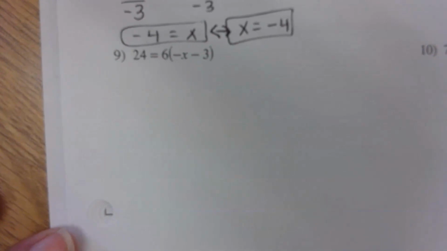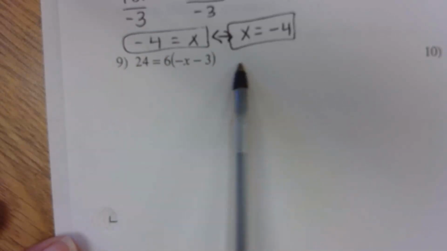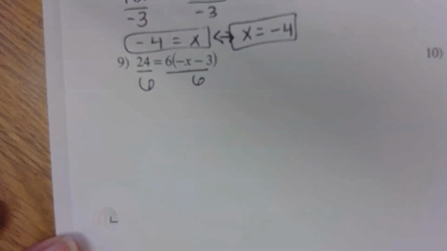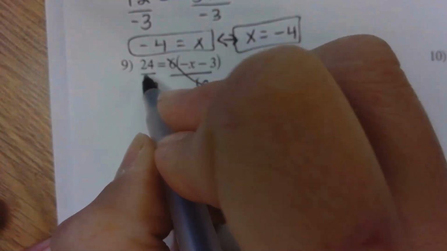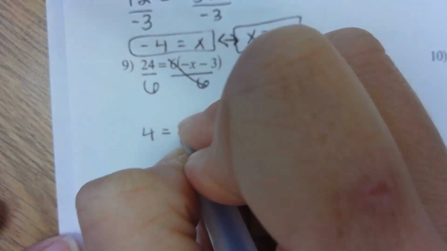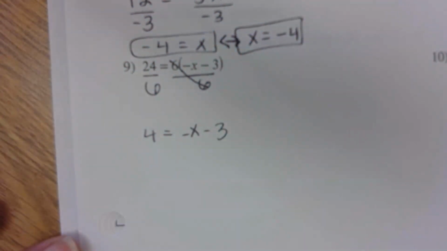Alternatively to distributing, if the number on the left and the number on the right are divisible by each other, so in this case 24 divides by 6, you can actually just divide out that GCF. So 24 divided by 6 is 4, leaving you with negative x minus 3.